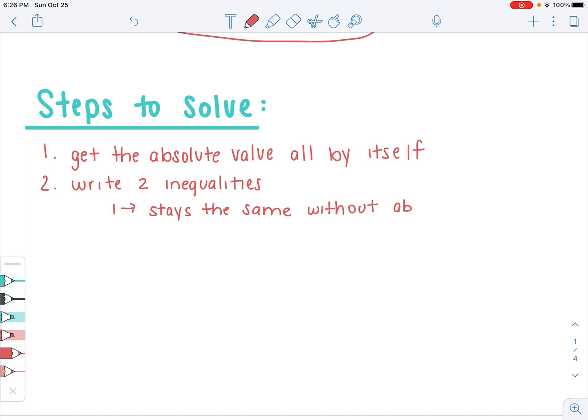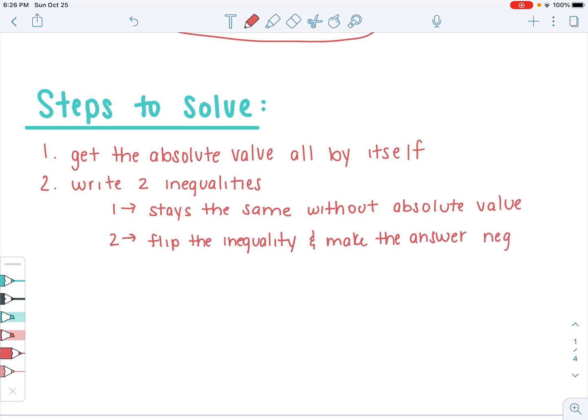The second one, we're going to flip the inequality and make the answer negative. Once we write our two inequalities, then we're going to solve them both, and graph.